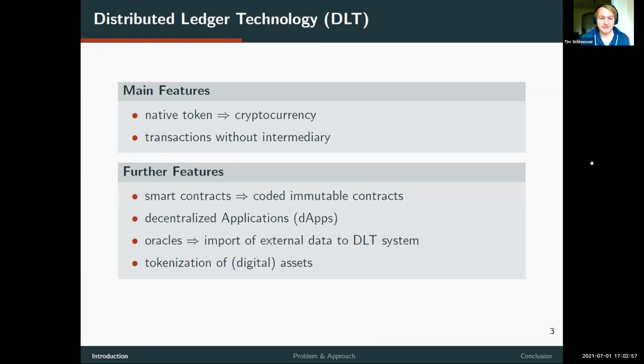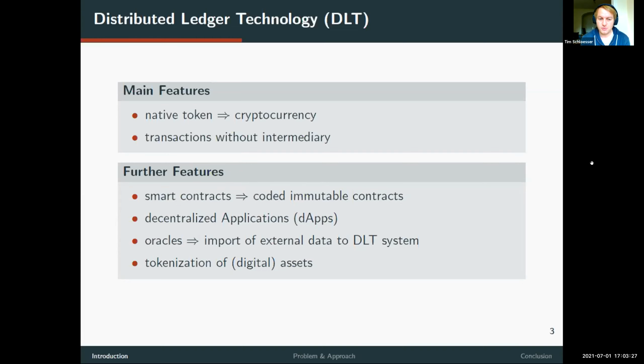The most famous and, I think, most critical invention was smart contracts, which the Ethereum blockchain is really famous for. These are coded, immutable contracts, which are carried out as programmed initially. As we have heard already, they allow for decentralized applications, which are applications that do not run only on one device but across multiple.